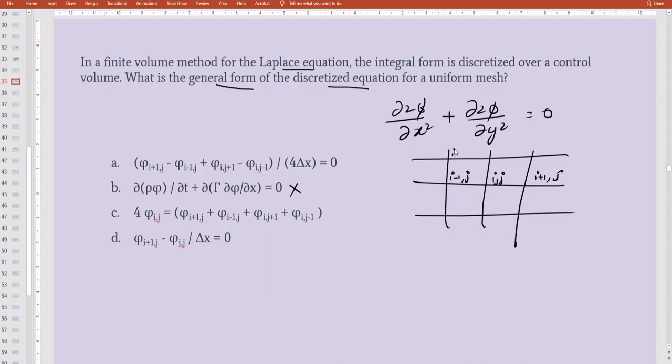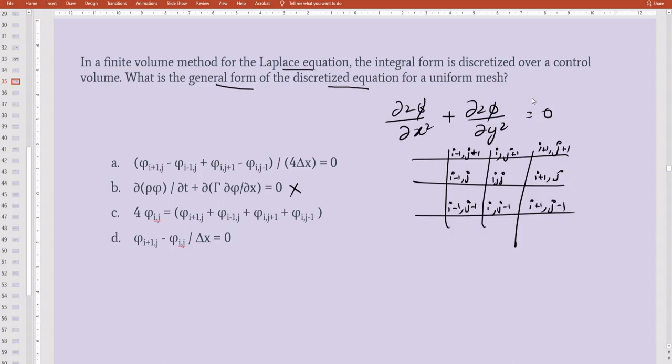This is i minus 1 comma j plus 1. This is i comma j plus 1. This is i plus 1 comma j plus 1. This one is i minus 1 comma j minus 1. This is i comma j minus 1. This is i plus 1 comma j minus 1.